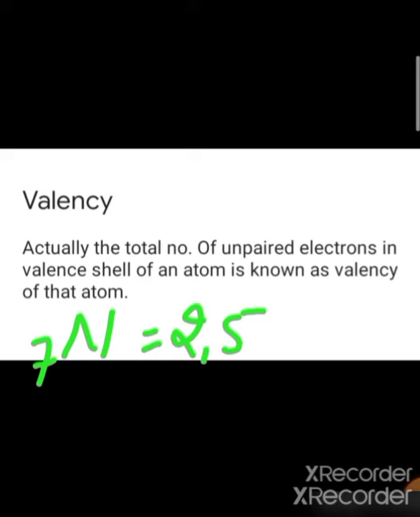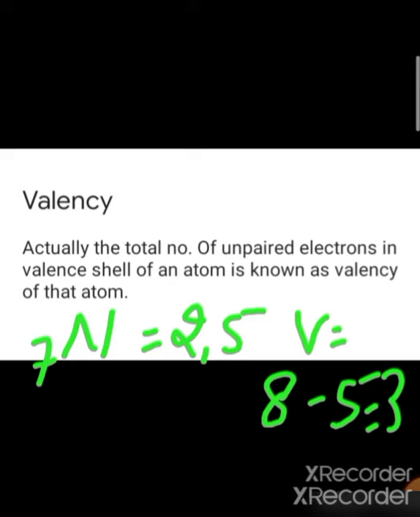The method given is that the valency is defined by subtracting from 8. So 8 minus 5, then the valency is 3. It means nitrogen contains only 3 unpaired electrons, not 5. You will study about it in further classes. Nitrogen 2, 5, valency 8 minus 5 is equal to 3.